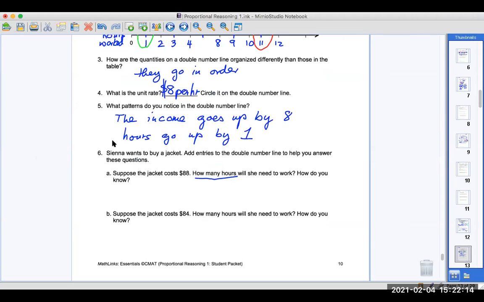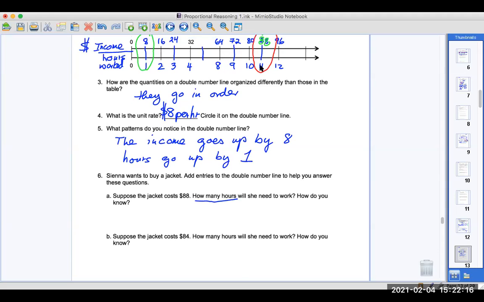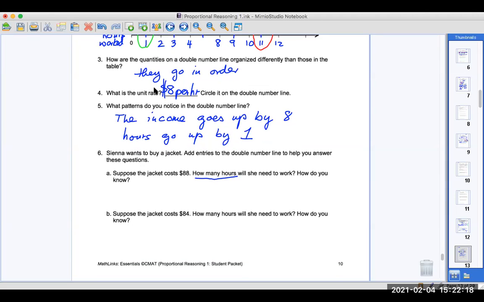She has to work 11 hours. 11 times 8 is 88, because she gets $8 each hour, 11 hours, and she has enough for the jacket.